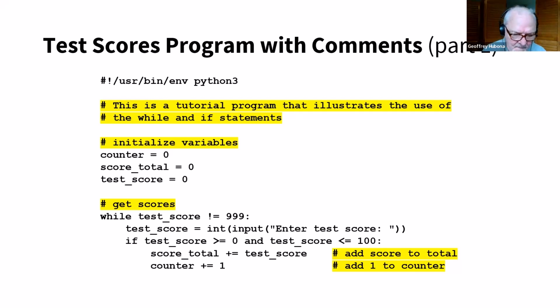Okay, so a couple of points here. The use of comments, right? We have both inline comments down here, and we have block comments here and here. And again, you just create them using a hash symbol or a pound sign.